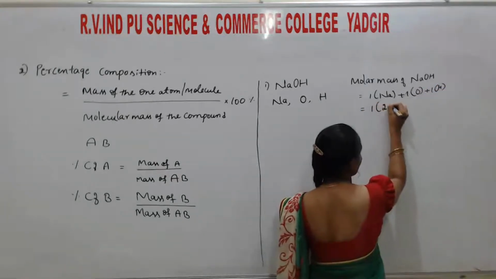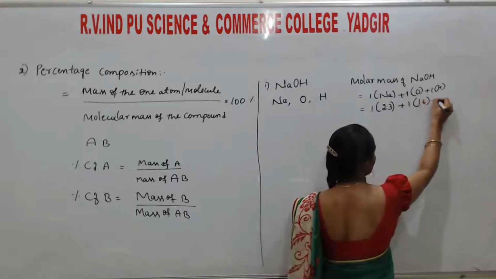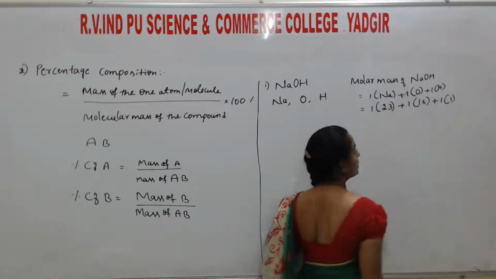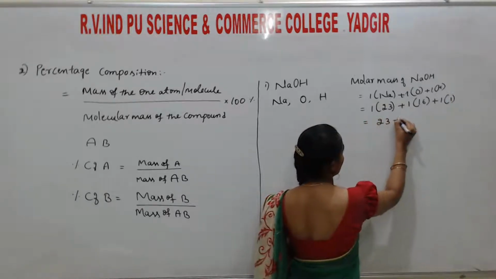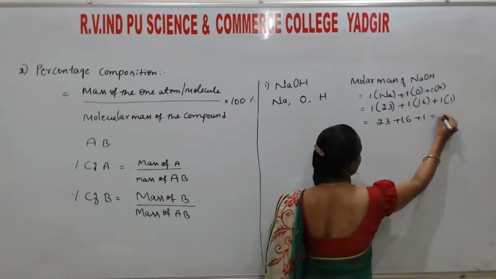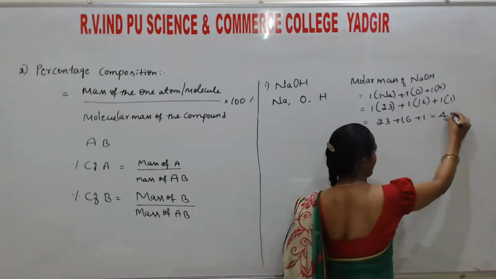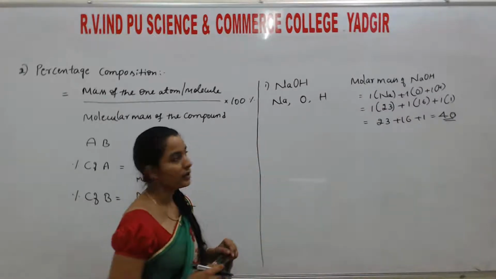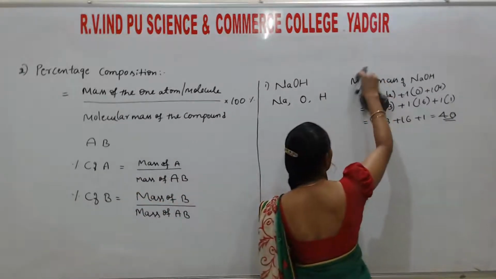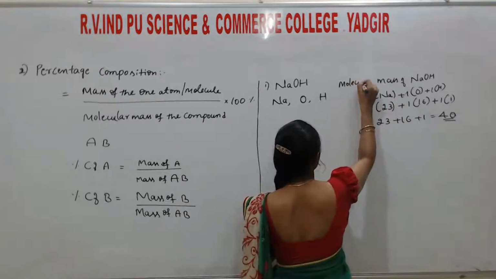Mass of sodium is 23, mass of oxygen is 16, and mass of hydrogen is 1. So that is 23 plus 16 plus 1, that is 40. Okay students, this is the molecular or molar mass of NaOH. Instead of molar mass, you can take molecular mass.